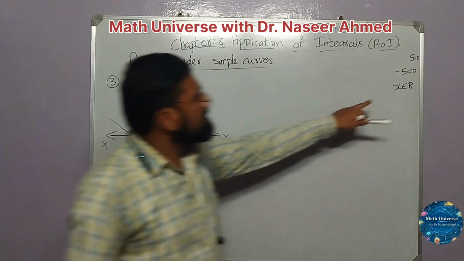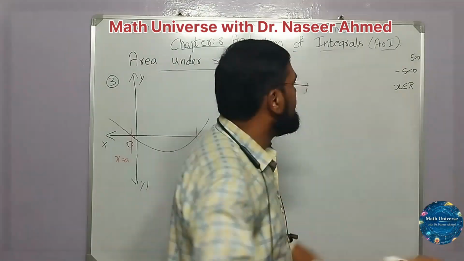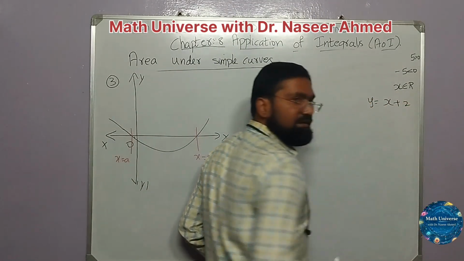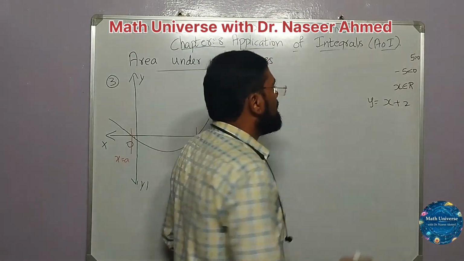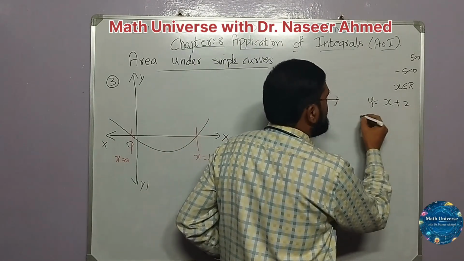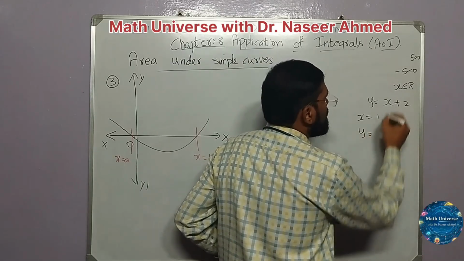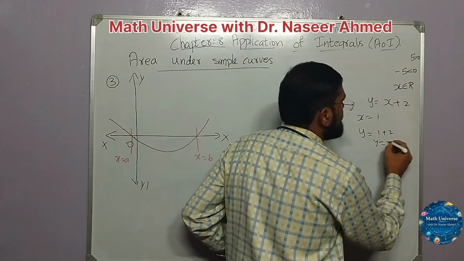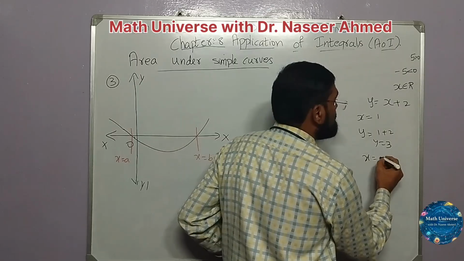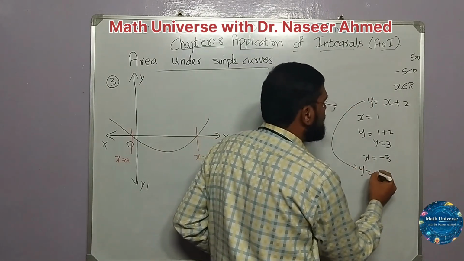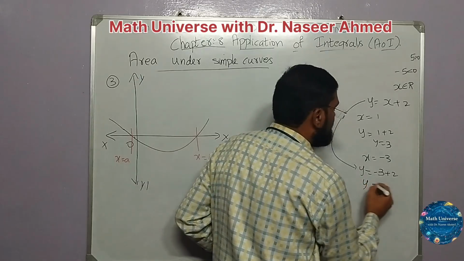So when I say x, now even one more thing you see. For example, if you take this equation, and if I say to plot or solve for x equal to one number, let us suppose you take 1. So y is equal to 1 plus 2, what? 3. If I take x is equal to minus 3, now see, when you put here, you will write y is equal to minus 3 plus 2, y is equal to minus 1.